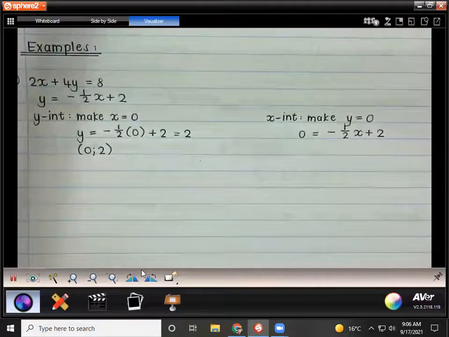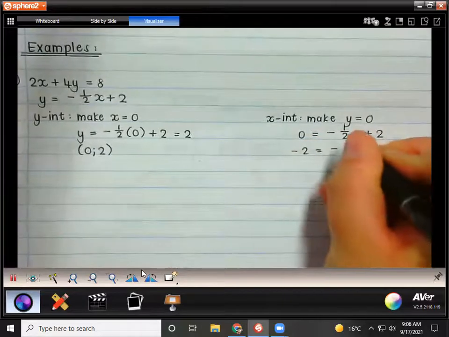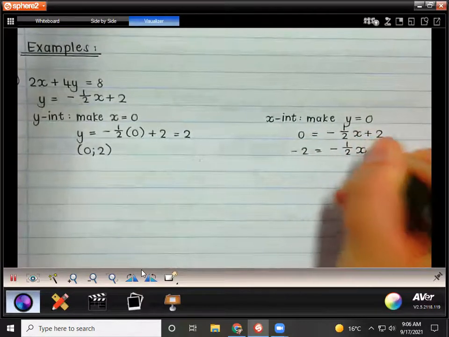Okay, I want to get rid of that plus 2. What does it become when I move it over? Minus 2. What's 0 minus 2? Negative 2. Hey, so we have negative 2 equals negative a half x.